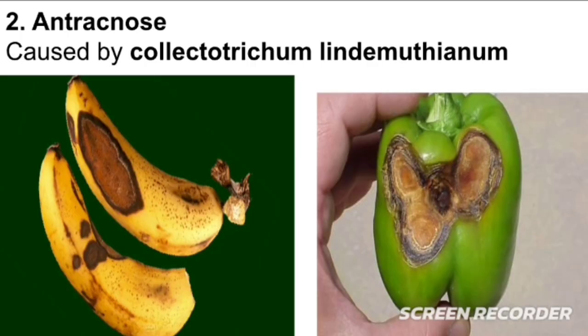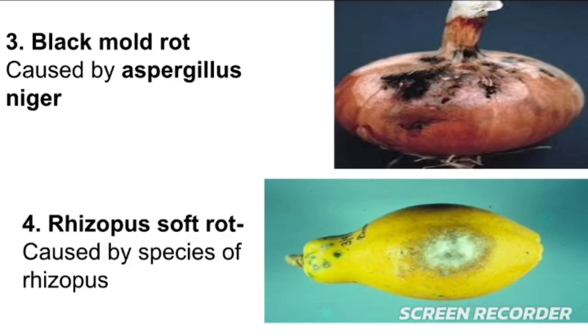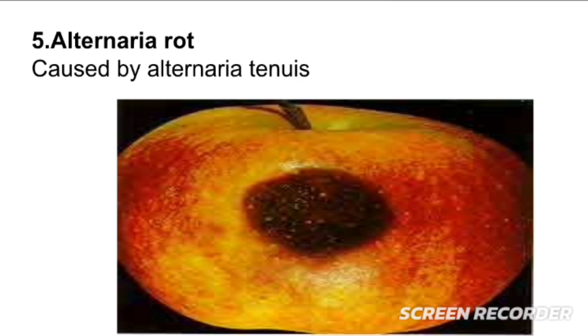Then there is anthracnose, a very famous one, usually occurring in bananas and capsicum. It is caused by Colletotrichum lindemuthianum. Then there is black mold rot, caused by Aspergillus niger, and Rhizopus soft rot caused by species of Rhizopus. Alternaria rot is caused by Alternaria tenuis.